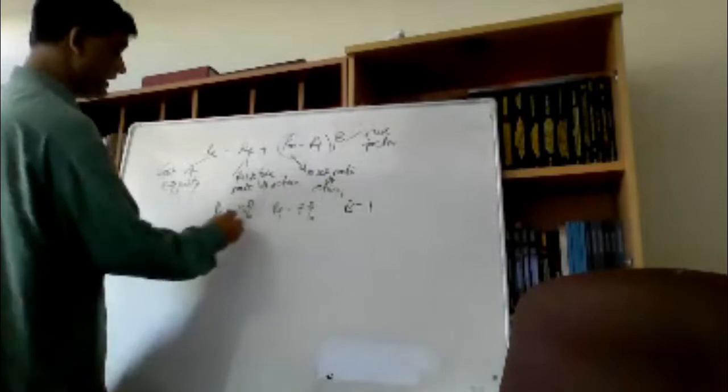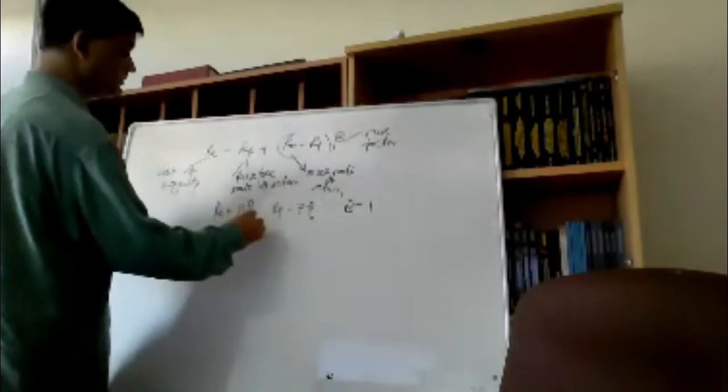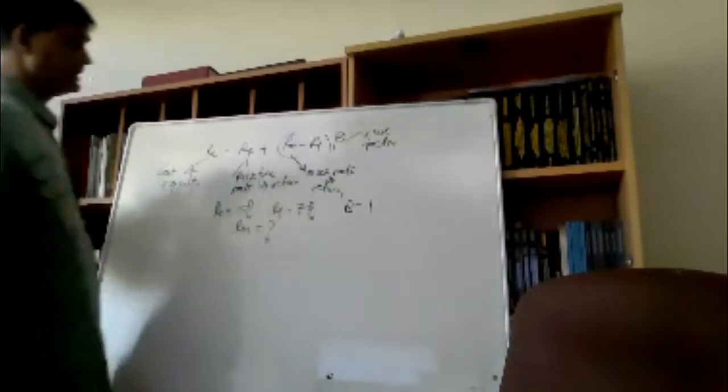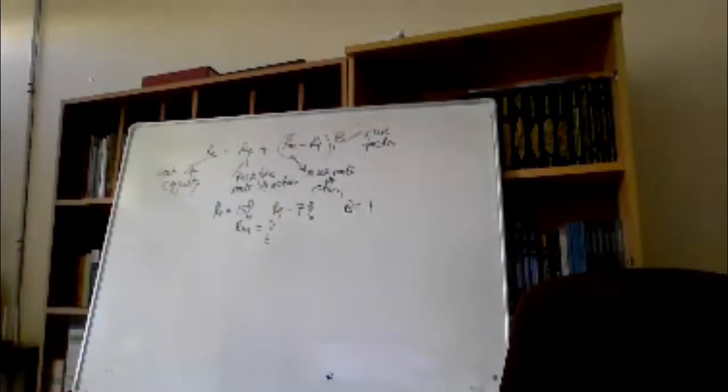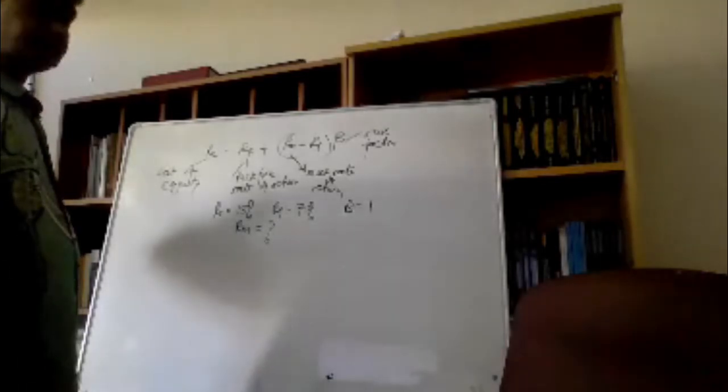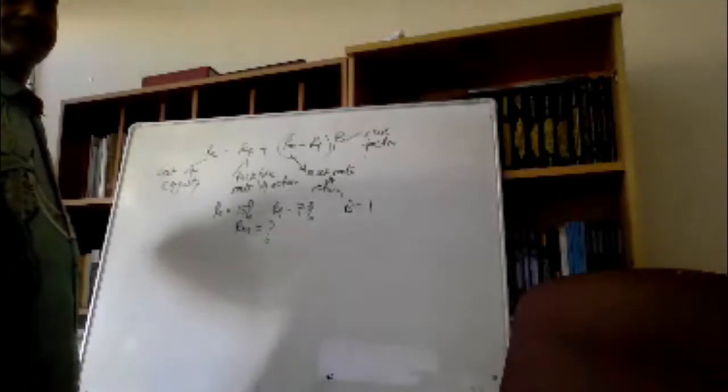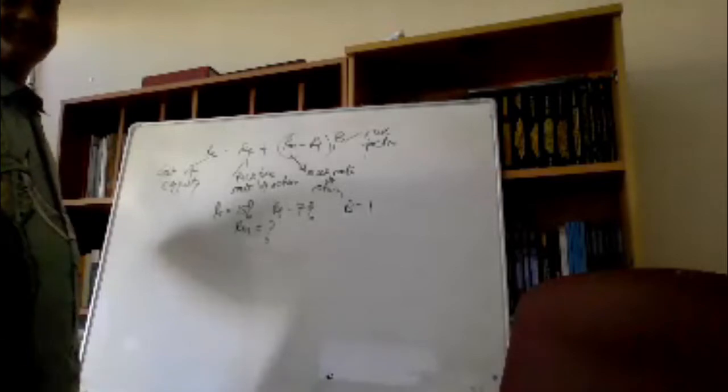And now you are asked to calculate RM. Can you please do it now and tell me how much answer you get? And after that, I will do it on the whiteboard. Tell me how much you get? RM equals how much?